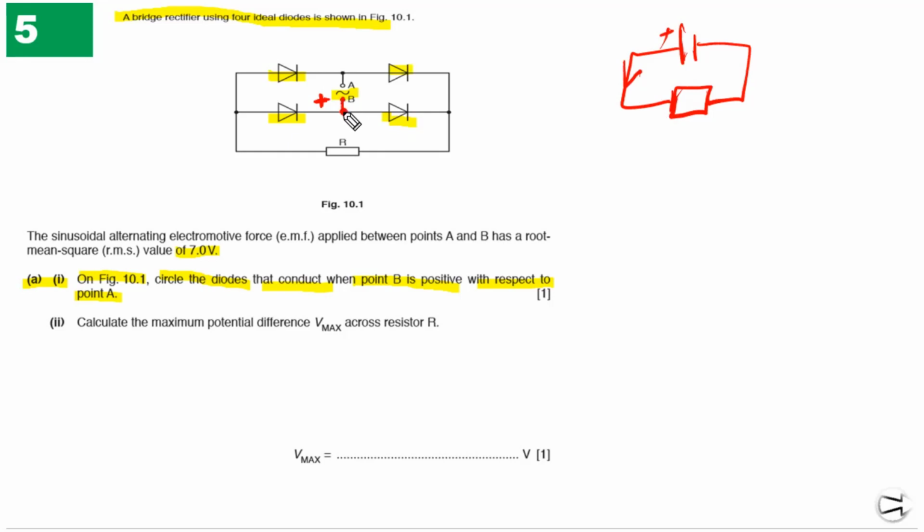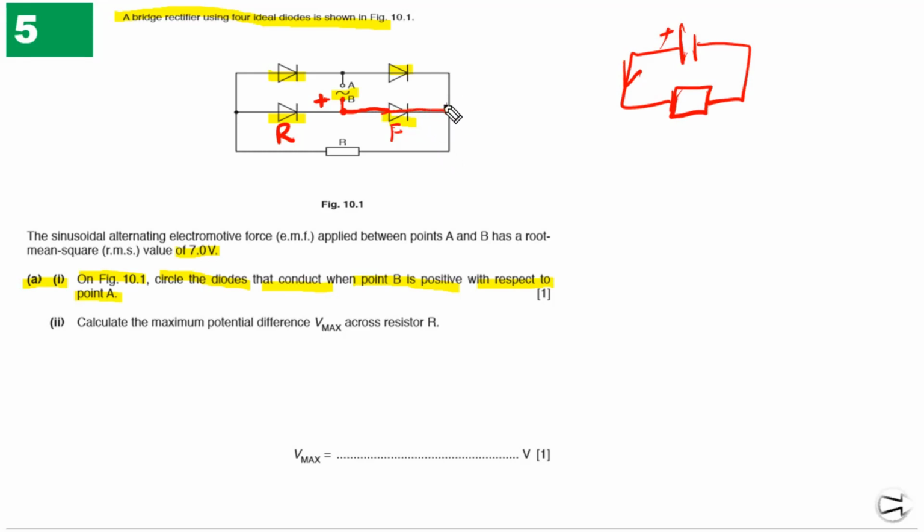When it reaches this point, it has 2 options to go. So this one is in reverse bias and this one is in forward bias. So current will go this way, it will not pass through this one because this is connected in reverse bias. So current will pass through this one. After passing through this diode, when current reaches this point, again it has 2 options to go up or go down.